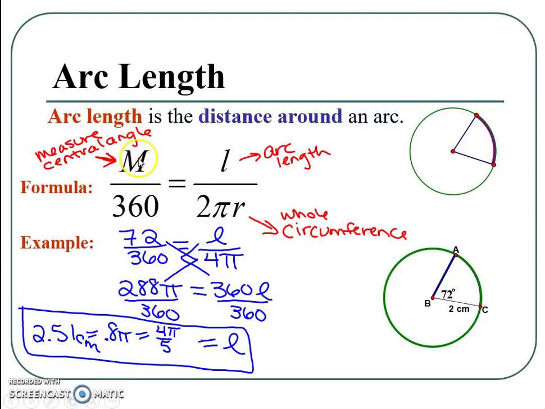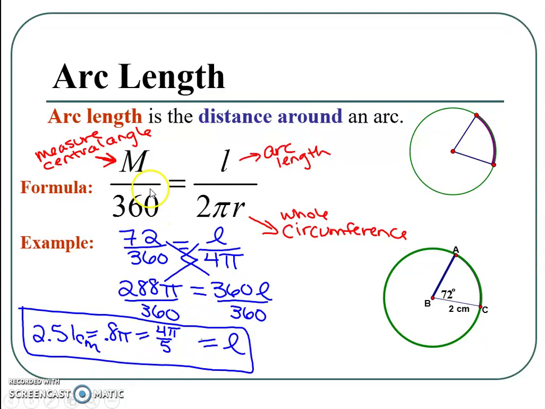So M stands for measurable central angle. L stands for arc length. We need to find arc length, L. So here's an example. They're going to give you angle 72, which is a measurable central angle out of 360, because circle is 360.